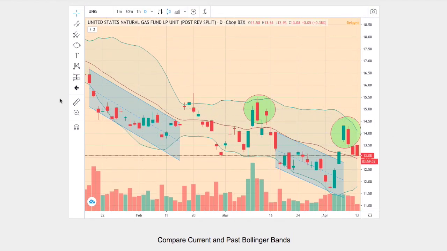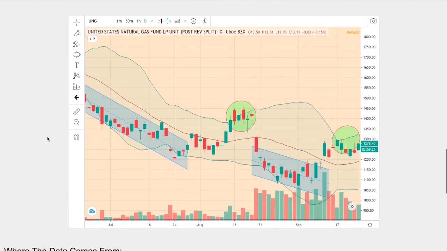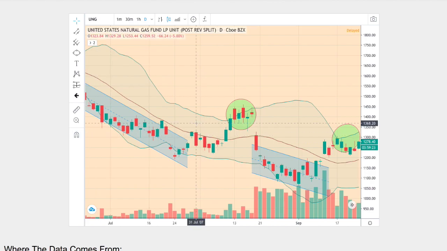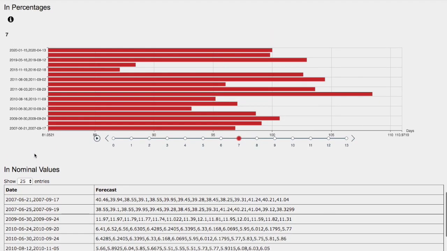And one thing to note, at this instance on the current trend, we did touch the upper Bollinger Band, so do take that into consideration. It is not an identical trend pattern, so do take that into consideration. And so the model that we just examined was June 21st, 2007 to September 17th, 2007.